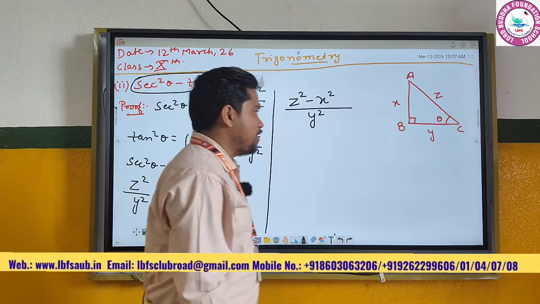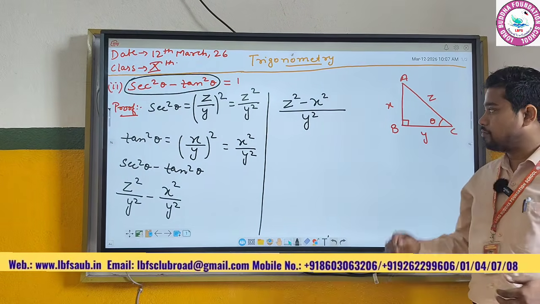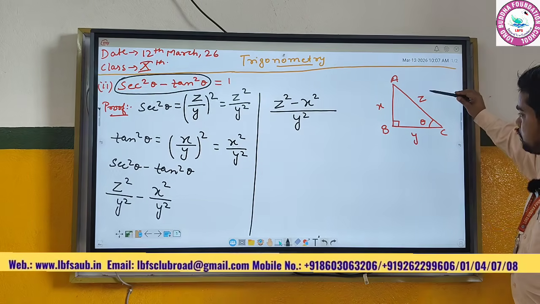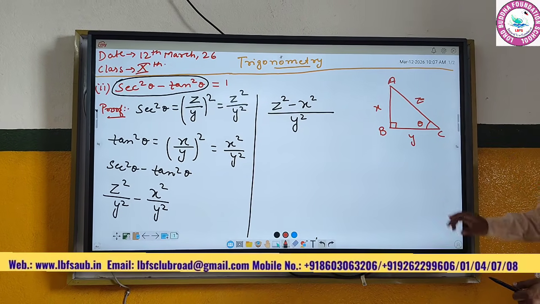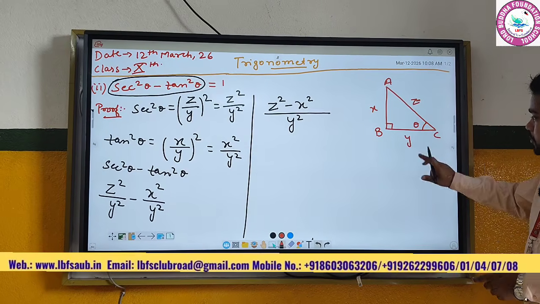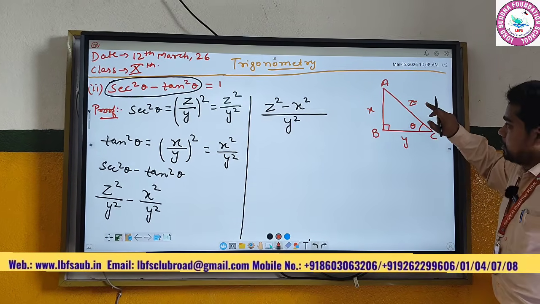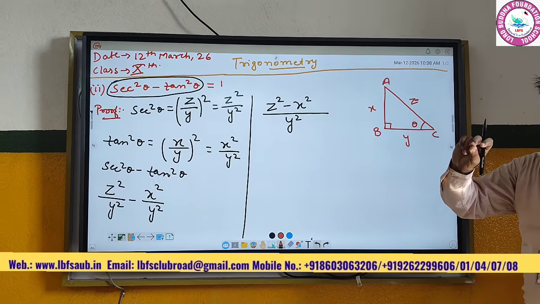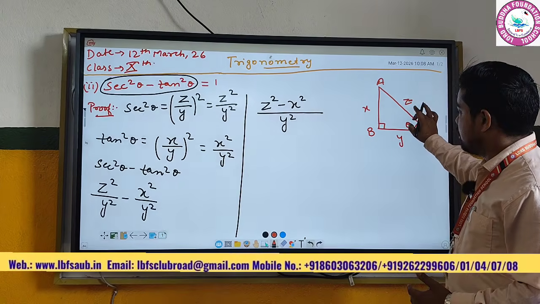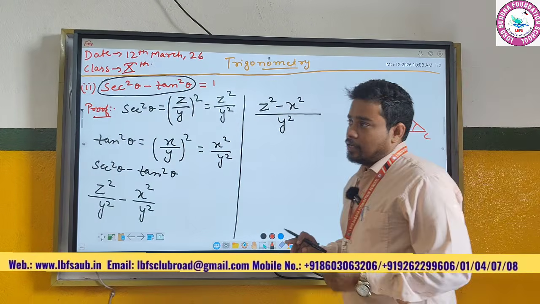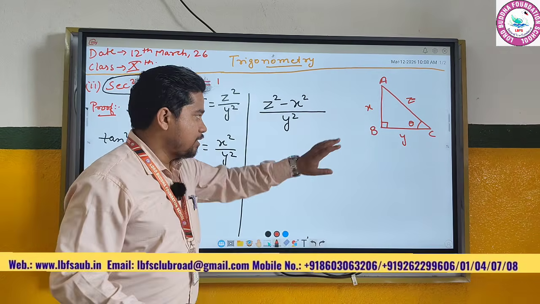Okay, when you apply Pythagoras theorem here, what we have got: z square and y square. Okay, z square and x square. We have to find out its y square. Okay, the difference of square of hypotenuse and perpendicular is the base.